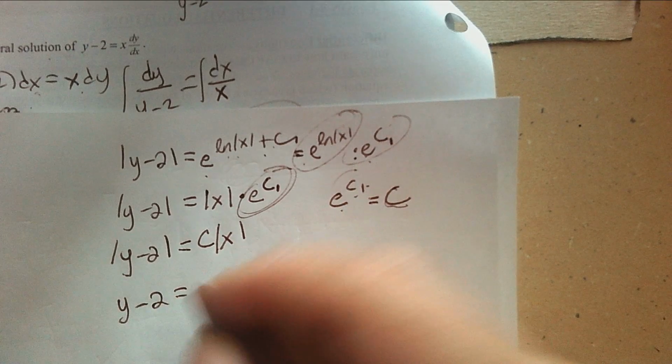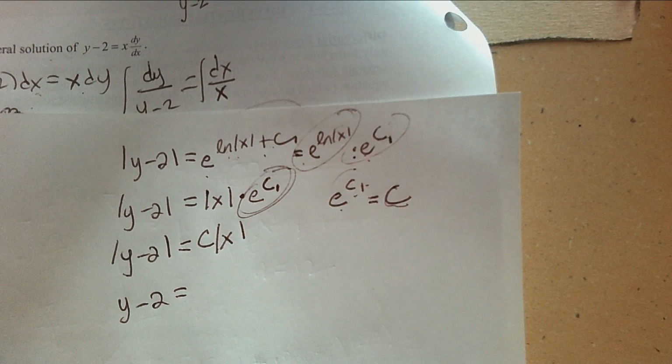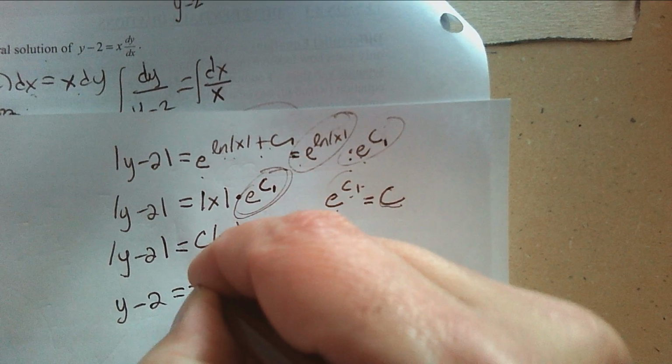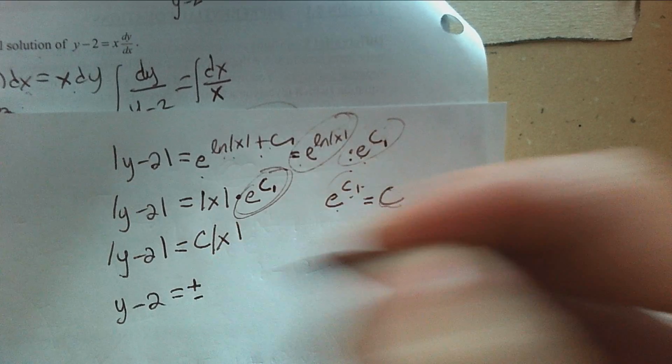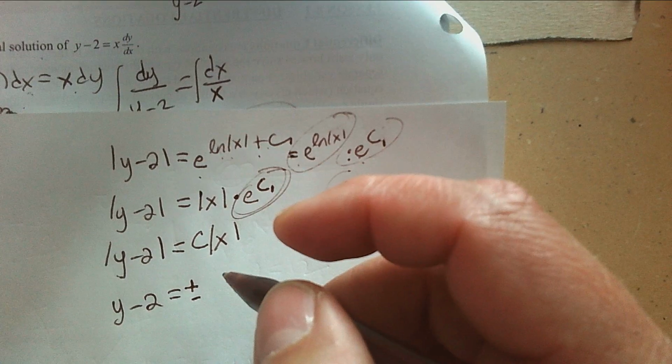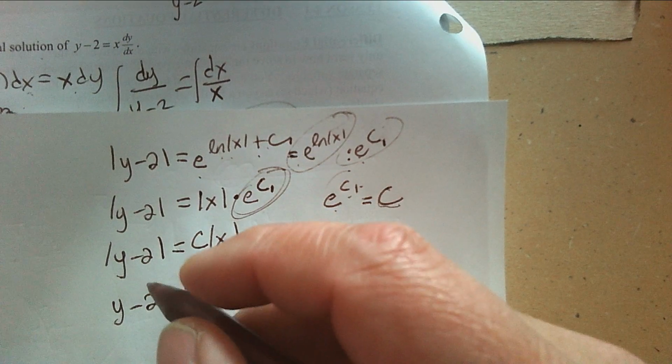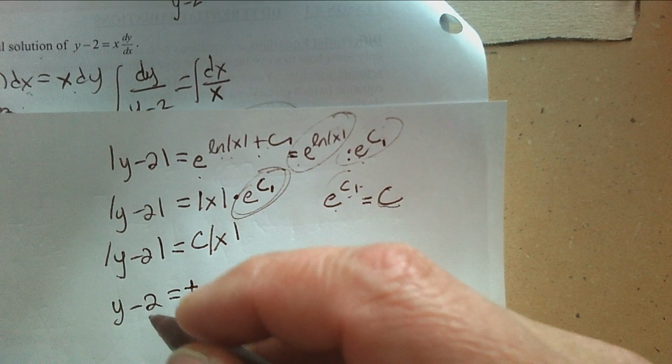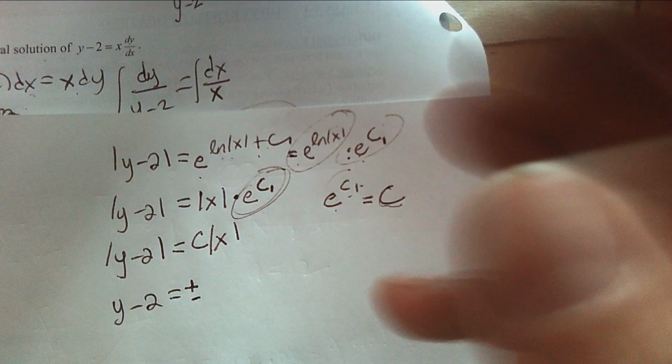So that means there are two solutions here, one that's positive and one that's negative. But they both end up being a positive number, right? When you plug it in, it will eventually. But that constant can be either positive or negative.